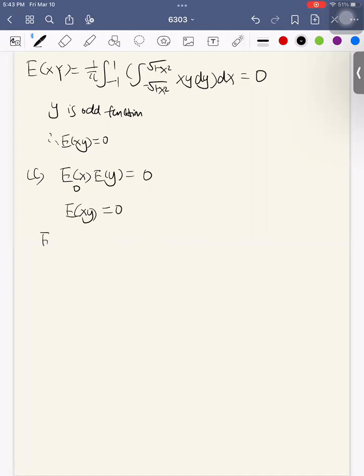So now we can write this equation here. These two are the same. They both equal 0. So the conclusion is that X and Y are uncorrelated in this question.